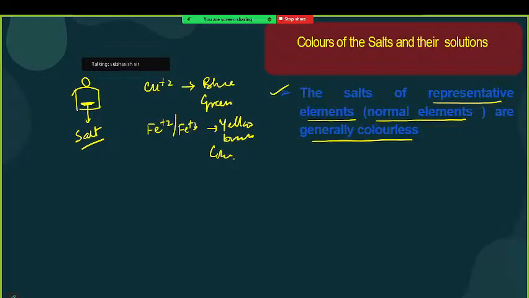So if you see your salt without any color, then that salt may not contain copper, ferrous, ferric, lead or chromium, whose salts are generally colored. Most of the representative elements are generally colorless.